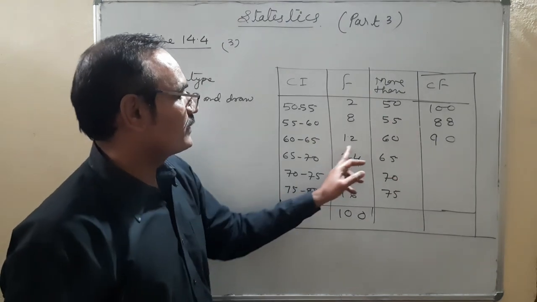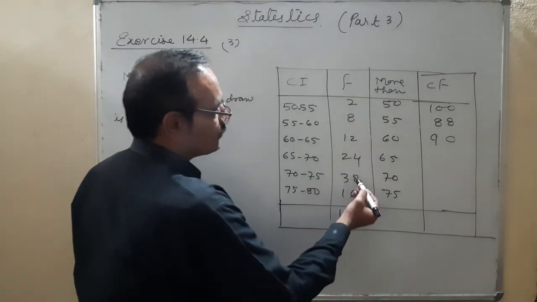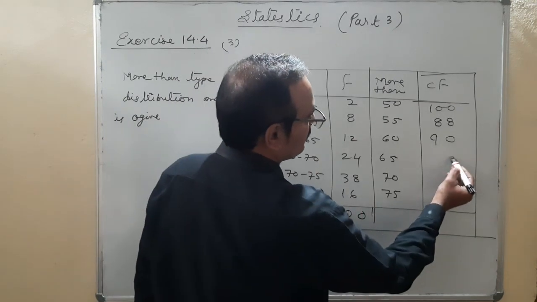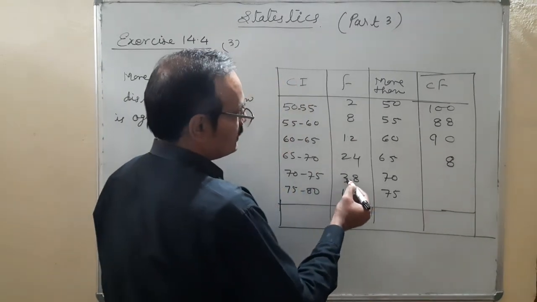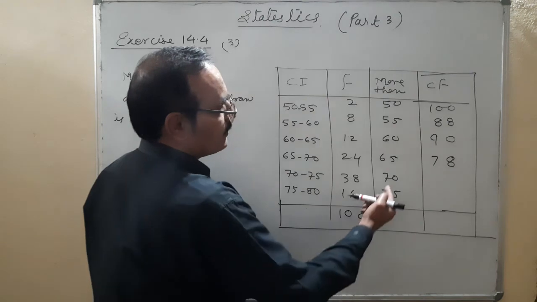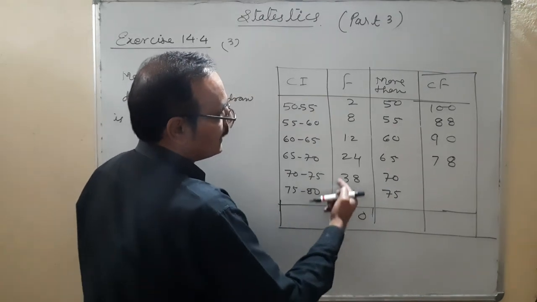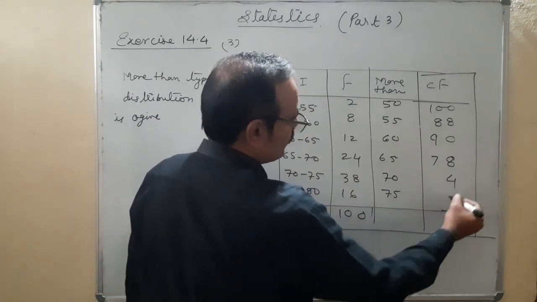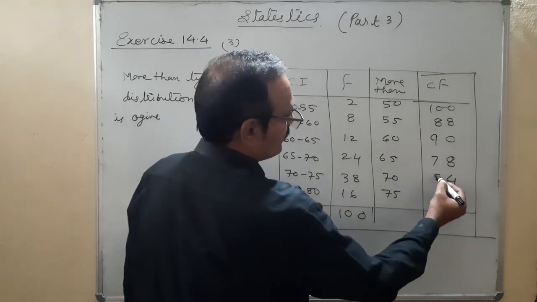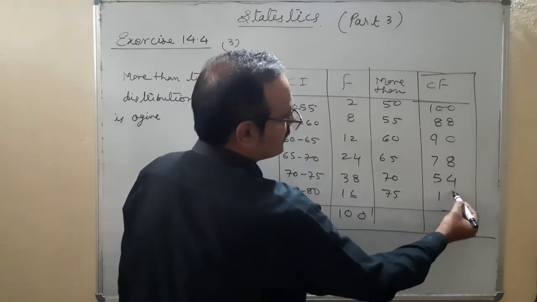More than 65, going to add these three: 78. More than 70, adding these: 54. And more than 75, it is 16.